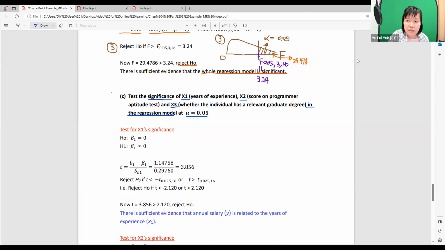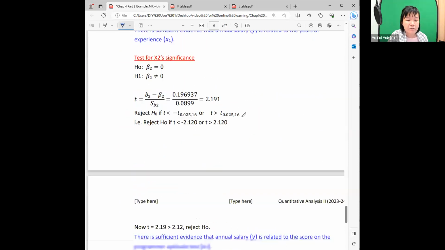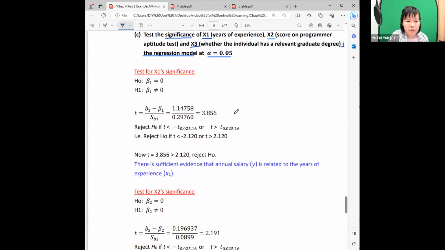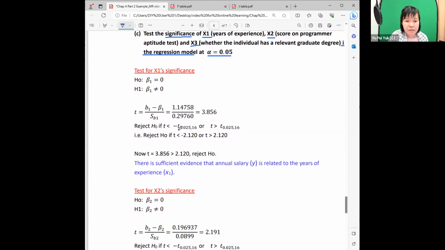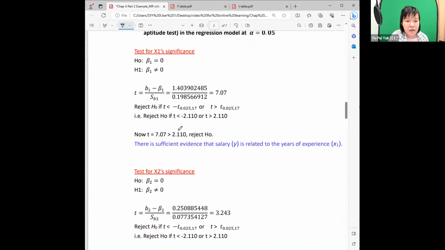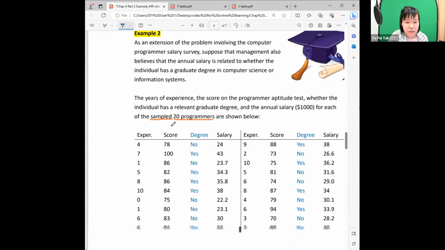So you can see in the solution, we have to do the t-test one by one. I don't go through it in detail because we already went through example one, a similar case: test for x1 significant and test for x2 significant.